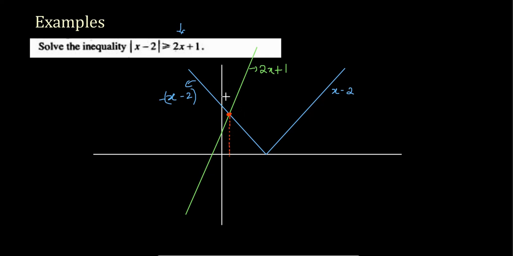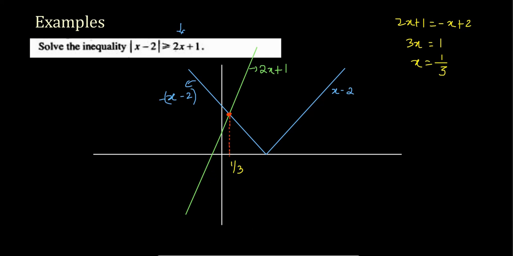That means we have to solve this graph, which is minus of x minus 2, and 2x plus 1. So let us quickly solve. 2x plus 1 is equal to minus of x minus 2. This is 3x, this is 3x is equal to 1. So x is 1 over 3. Okay, so this point is 1 by 3.